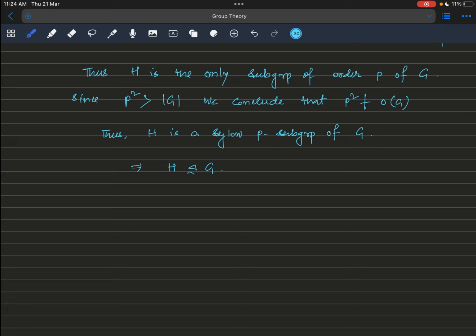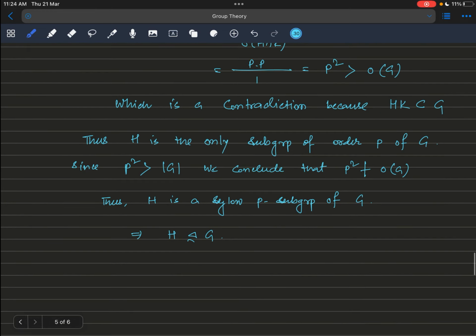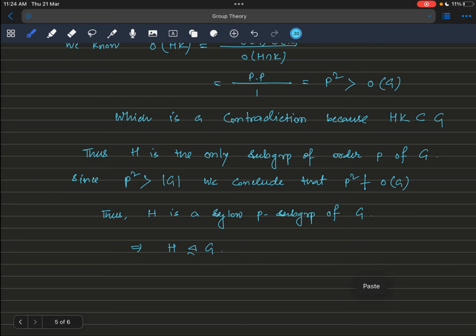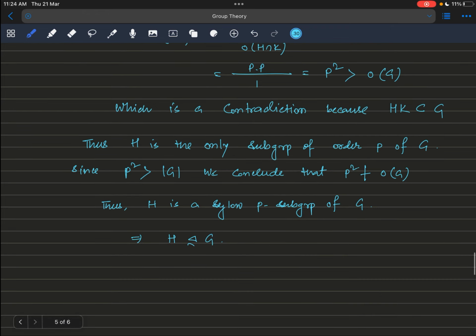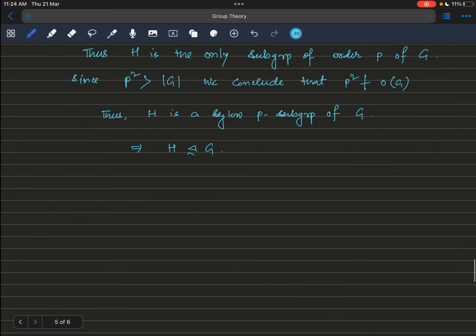Because this is also a well-known theorem that if a Sylow subgroup is unique, that is, here H is the only Sylow subgroup, then it should be normal. Okay, so this is the proof.